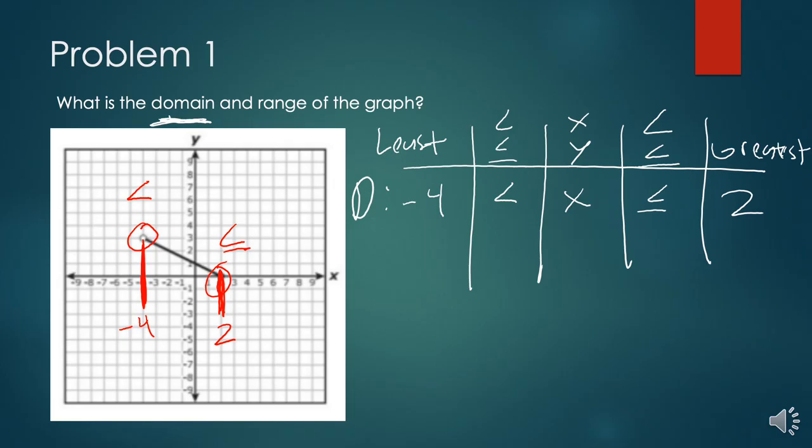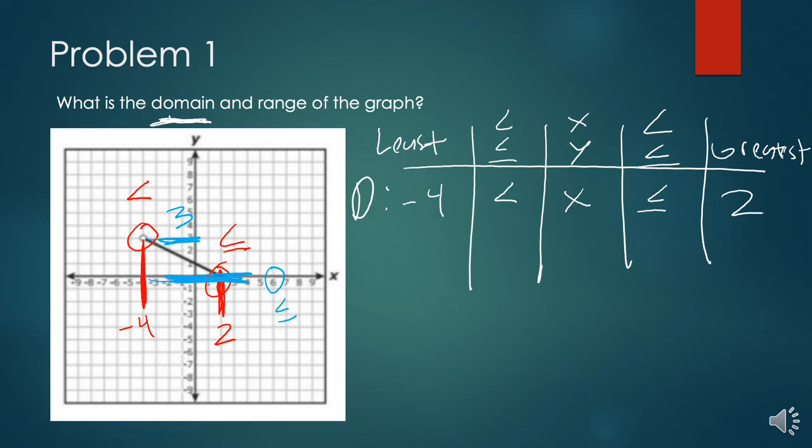Now for the range, I'm going to use a different color. I'm going to use blue. My lowest number here happens to be here, which is 0 on the y. My highest number happens to be 3. Now I can use the same signs. I remember that this was a closed dot, so I'm going to use the less than or equal to.